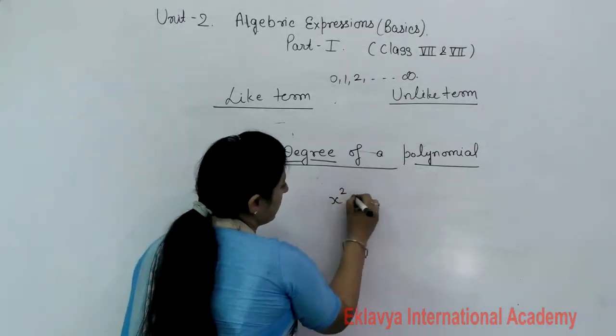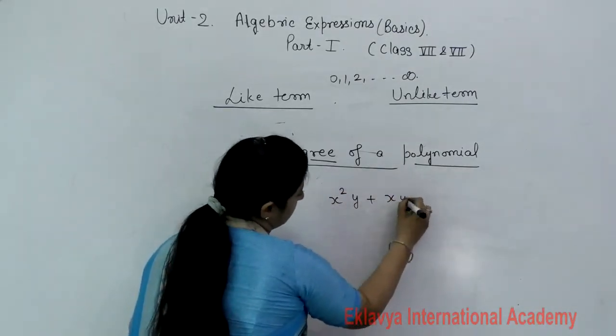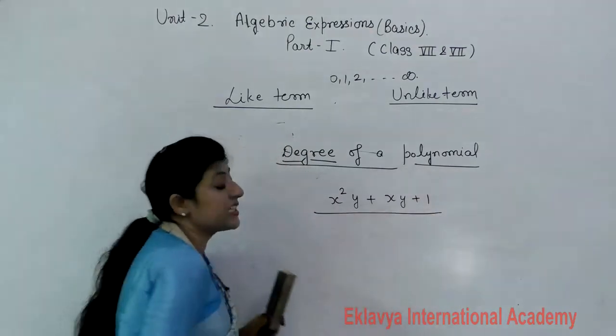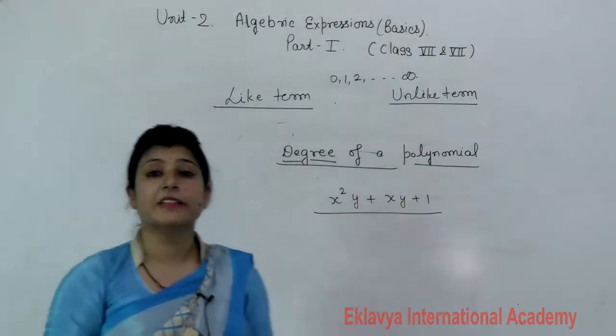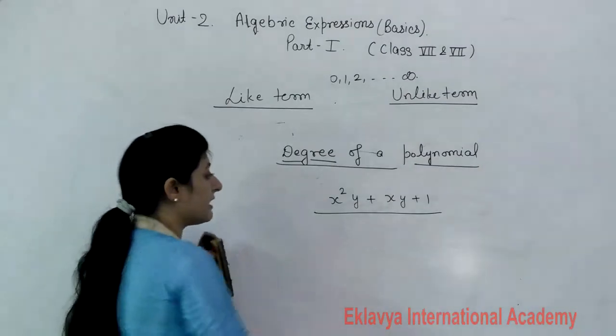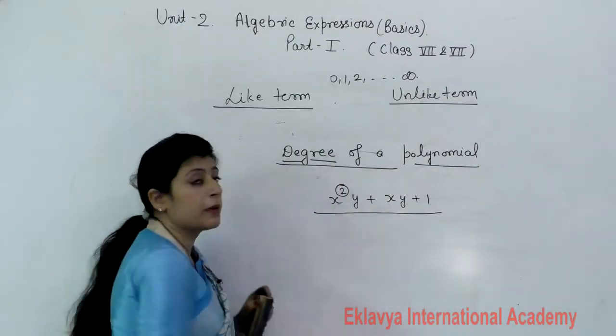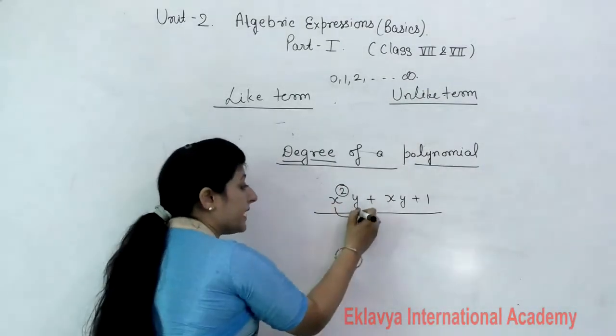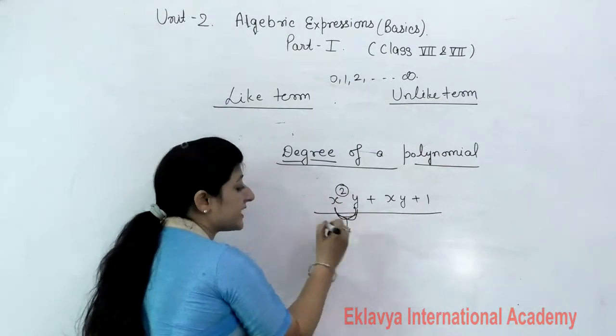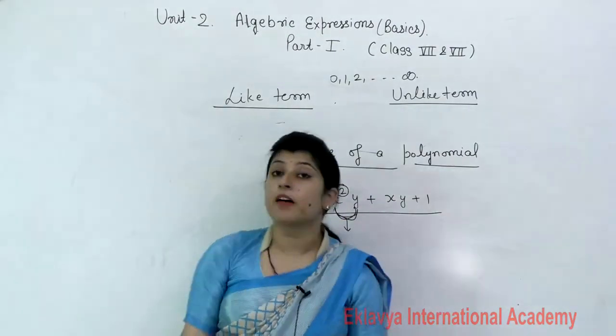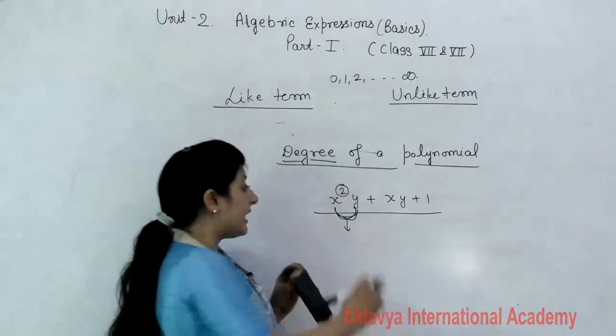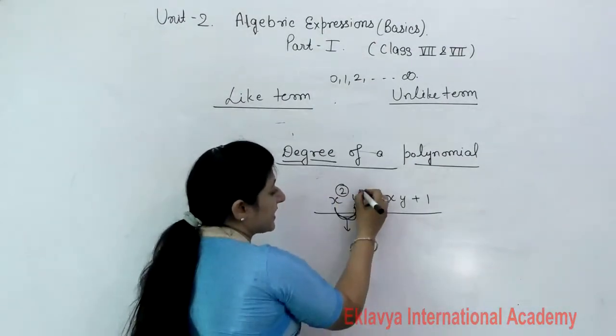Suppose I write down this. In this case, what is the degree of this given polynomial? See, this is a complete term, and whenever we decide the degree, we take the power of the complete term. Here x power 2, y power nothing, it means 1.